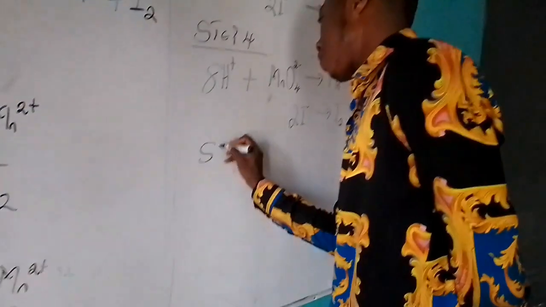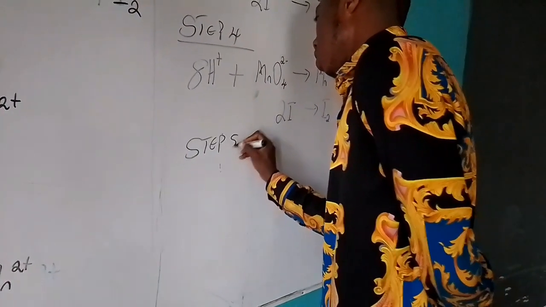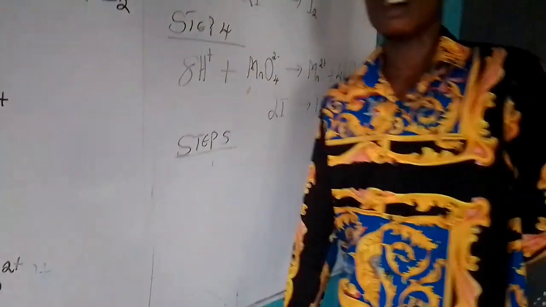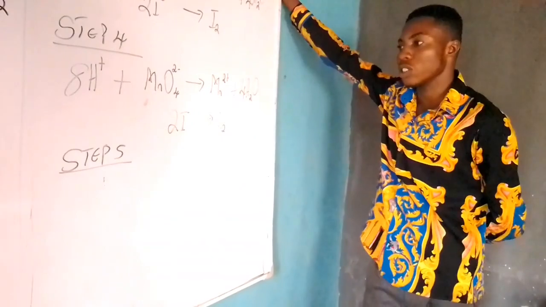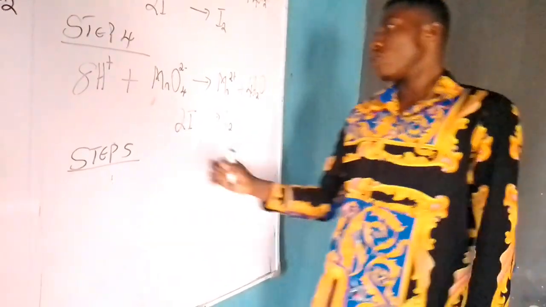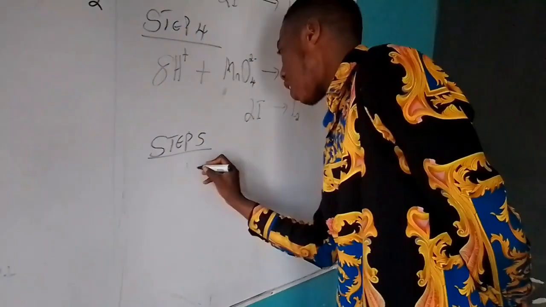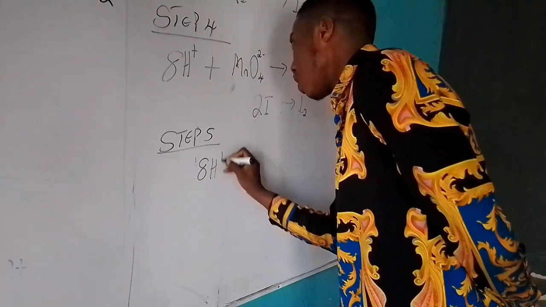In step 5, step 5 has to be what? Addition of what? Electrons. So in the addition of electrons, let's write this thing down.